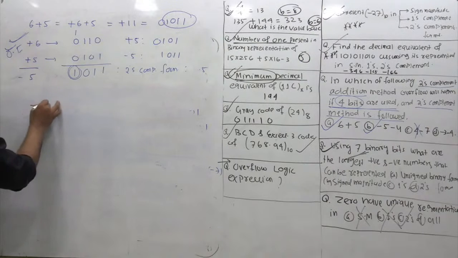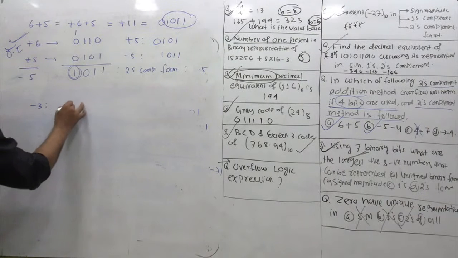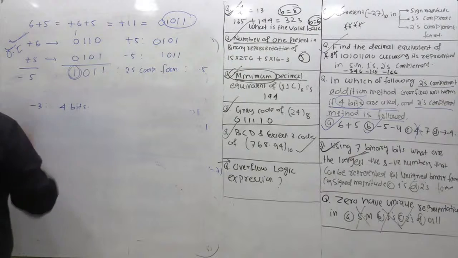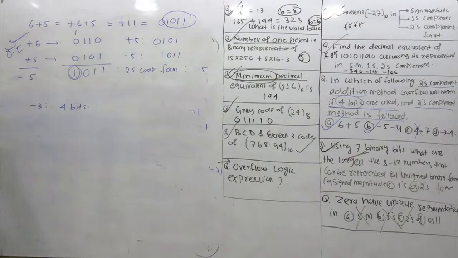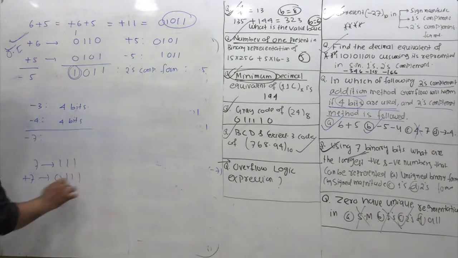For minus 3, I am saying to use 4 bits because in the question I said use 4 bits. For minus 4 also, you will be using 4 bits. Your answer, what you are supposed to get, is minus 7. So to represent minus 7, how many bits are needed? 7 stands for 1, 1, 1. Plus 7 stands for 0, 1, 1.